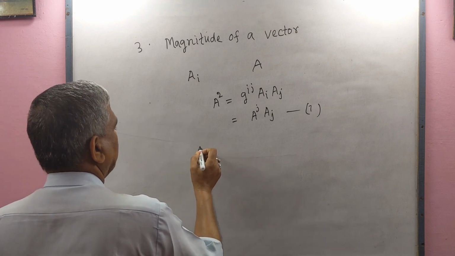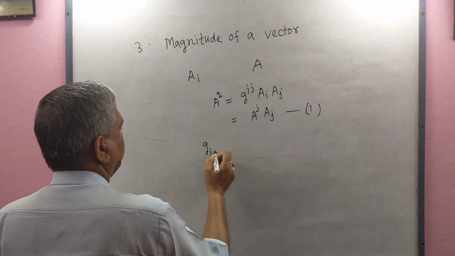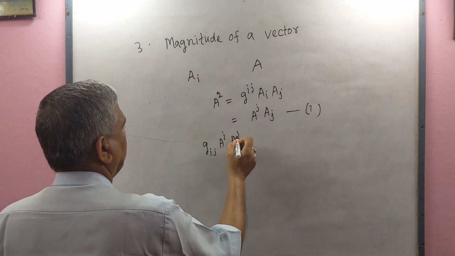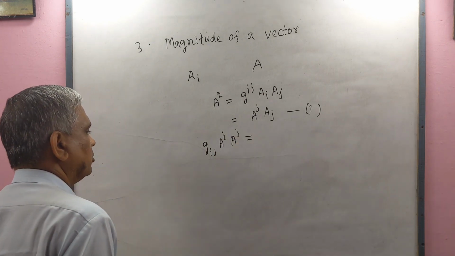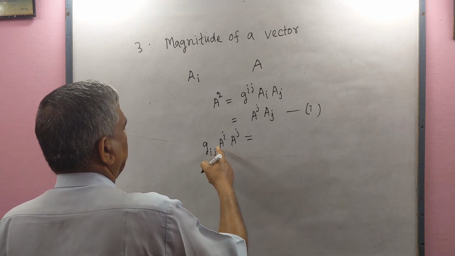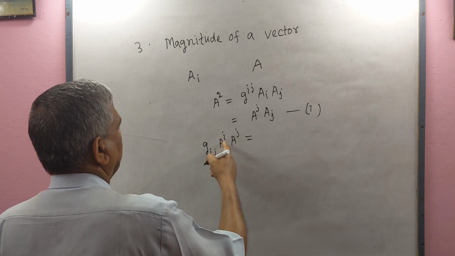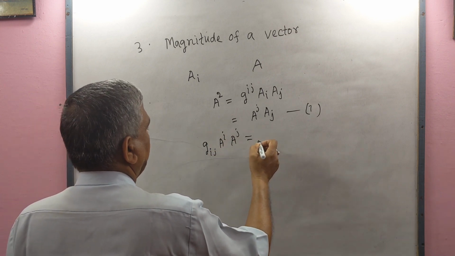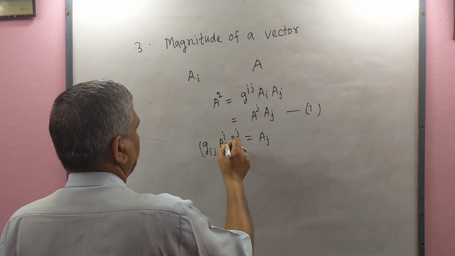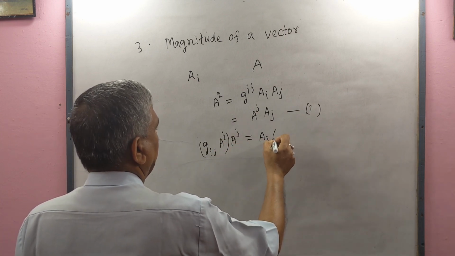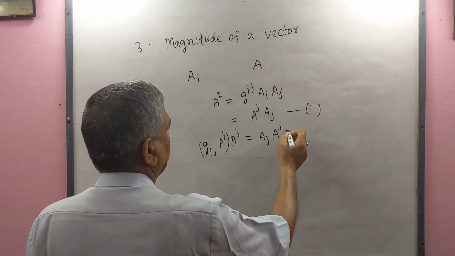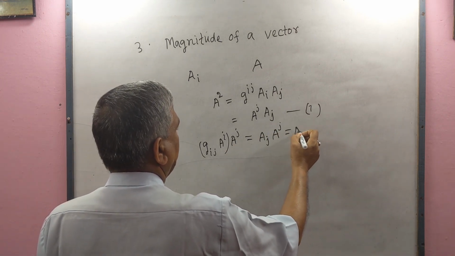Now we write g_ij A^i A^j equal to A_j A^j, by commutativity.